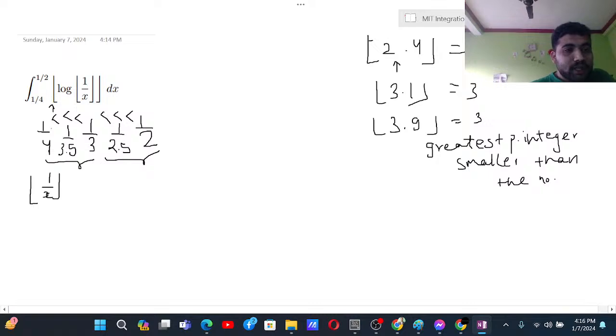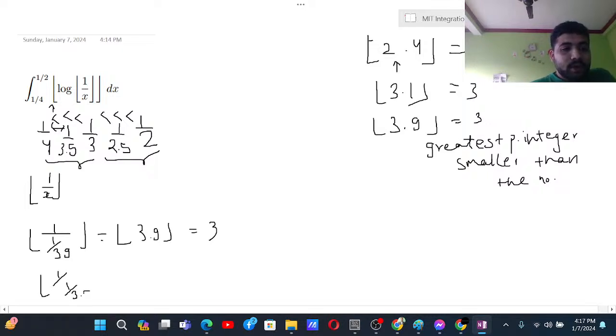So let's say we have some number in between this range, something like 1 by 3.9 or 1 by 3.8. In that case, GIF of 1 by x will just be GIF of 3.9, which is just 3. Even for GIF of 1 by 3.5, we will just have 3.